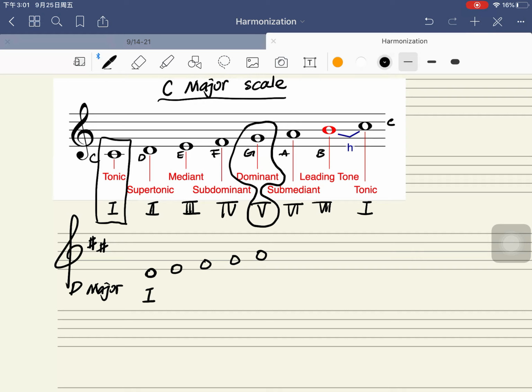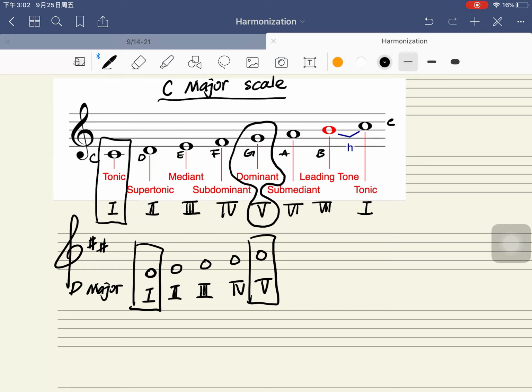Here's 1, 2, 3, 4, 5. So here is the tonic chord in D major. So you can see the difference.